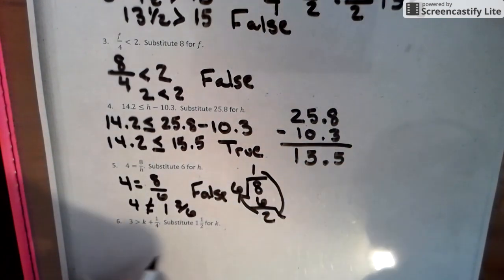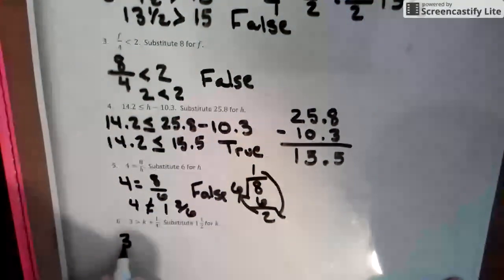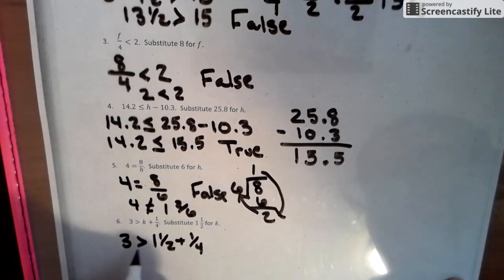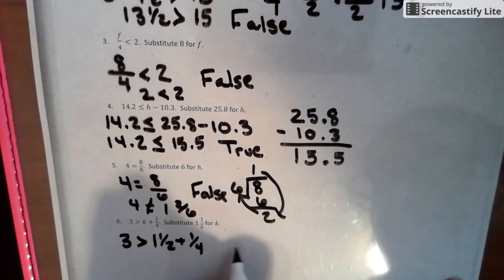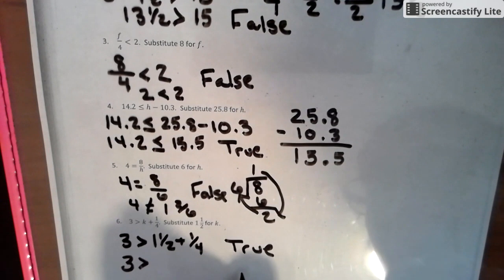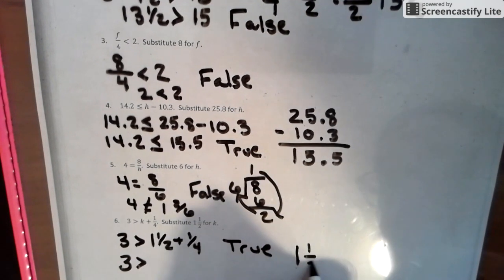All right, so now last but certainly not least, is 3 greater than 1.5 plus a fourth? Well, 3 is greater than this because we only have one whole number here, so this automatically is a true statement. However, we have to get the outcome here. So we have 1.5 plus a fourth. I've got to raise this up.